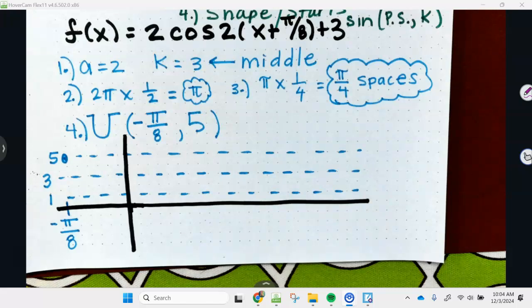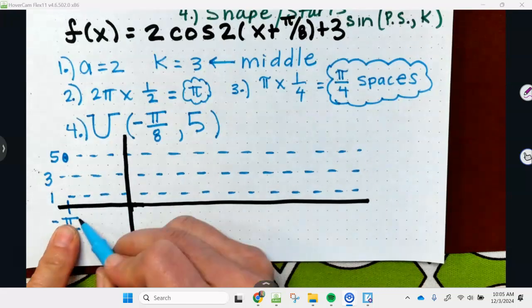So remember, this is 2 pi over 8. So if this is negative 1, what's negative 1 plus 2? What's negative pi over 8 plus 2 pi over 8? That's your next tick mark. Ooh, this is going to be giant.